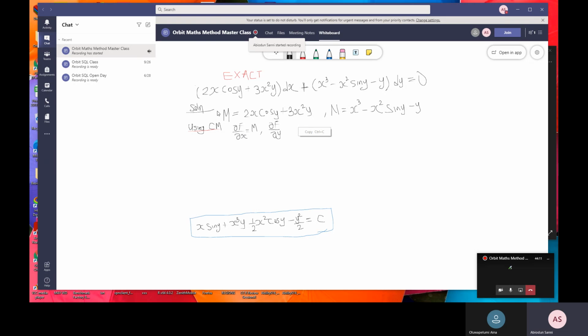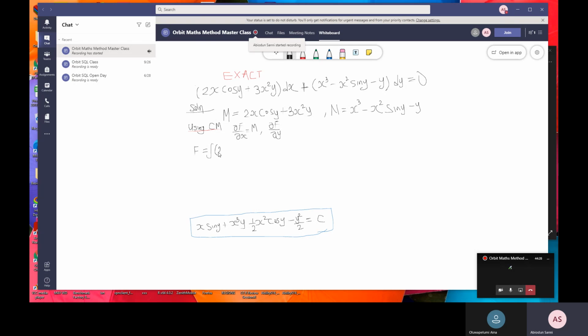So if I'm starting from this now, if my df dx is m, my f is going to be integral of m with respect to x. So what's my m?